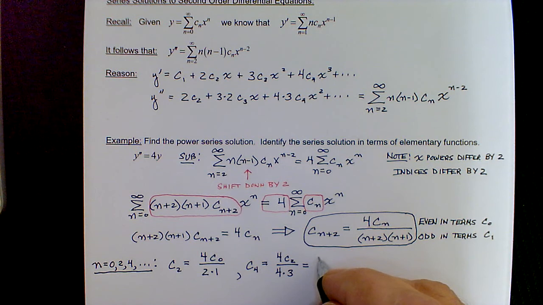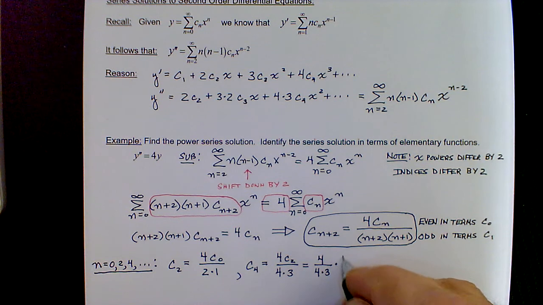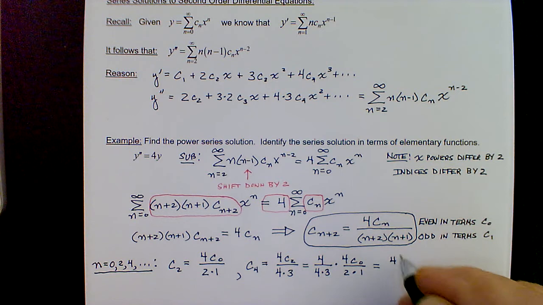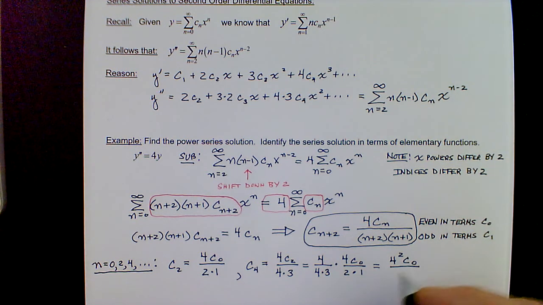But now c sub 2, we got 4 over 4 times 3 times c sub 2, which was 4c sub 0 over 2 times 1. So it looks like 4 squared c sub 0 over 4 factorial.